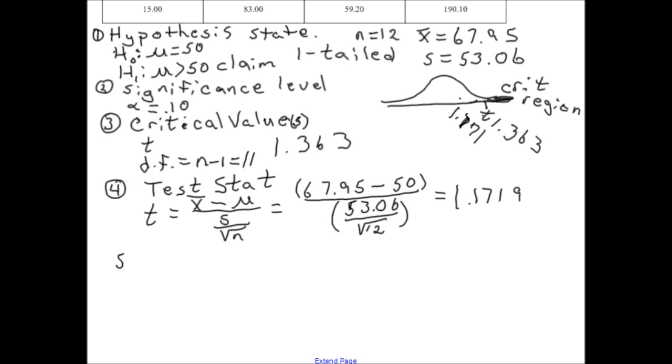So step 5, we do not reject the null hypothesis, H sub 0. And like I've stated before, it's always the null hypothesis that you are rejecting or not rejecting, not a claim. That's dealt with in this last step, which is the summary.